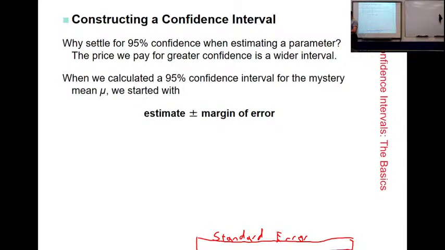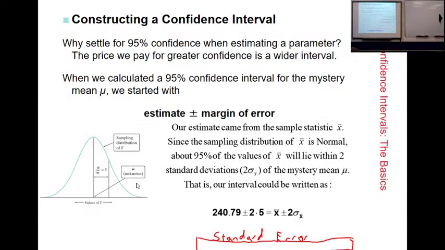So when we calculate this, we're going to use our point estimate, which is basically going to be the mean of the sample or the proportion we get from the sample, whatever data point we get from the sample, plus or minus, so it's going to be centered at that estimate, the margin of error. And the margin of error is basically going to be calculated with two parts to it.